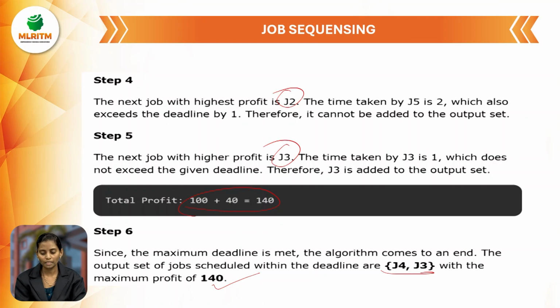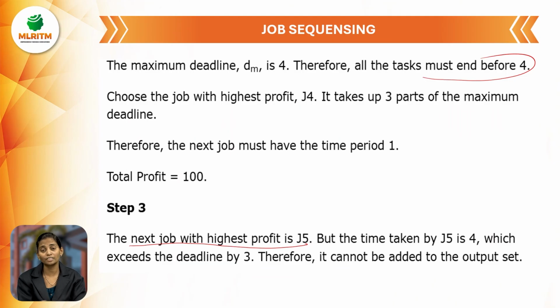So what is the difference between knapsack and job sequencing? Job sequencing is always based on timeliness: for each task, what deadline we provide, and how much duration it takes to complete that particular job.